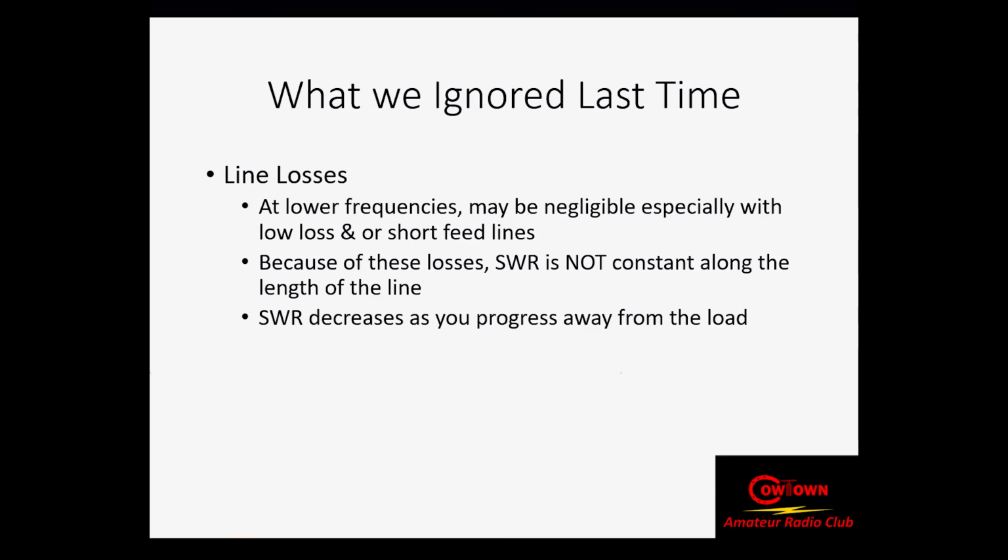It's real low loss. But that actually starts to increase pretty dramatically as the frequency goes up. And later, after we're done with most of the presentation, I'll show you some great charts that show different attenuations as frequency goes up. But because of these losses, the SWR is not constant along the length of the line. It actually goes down the longer the line gets as you progress away from the load.